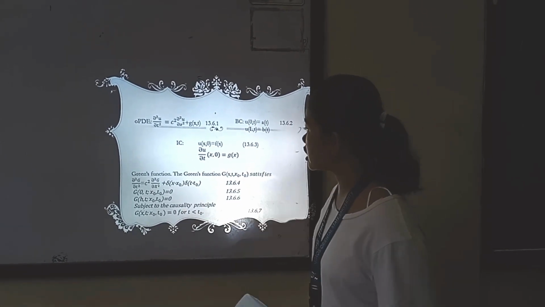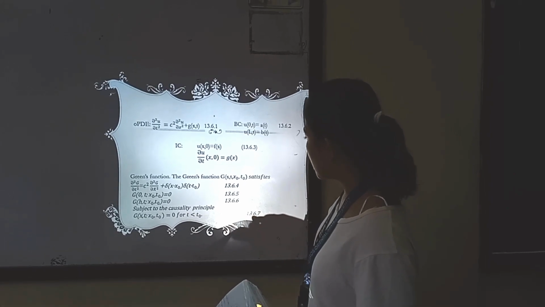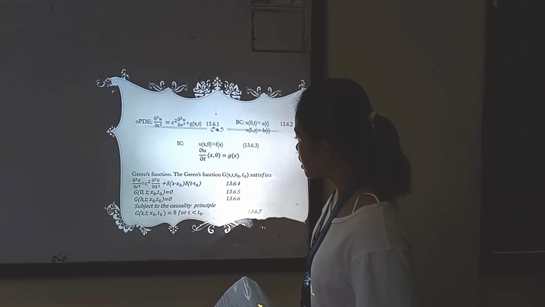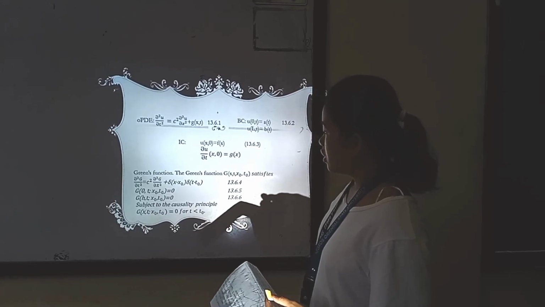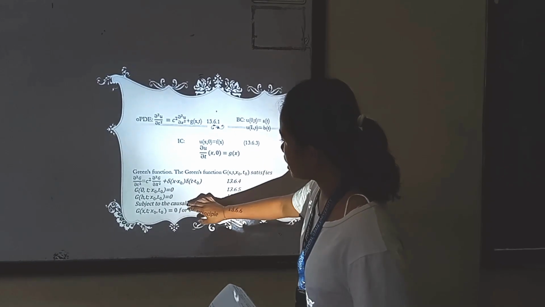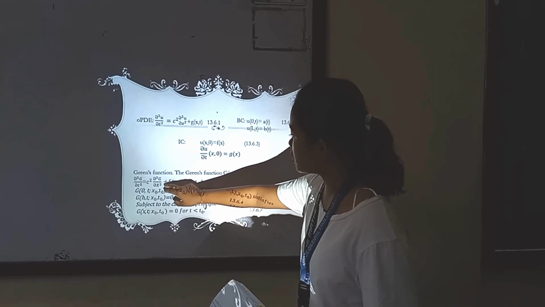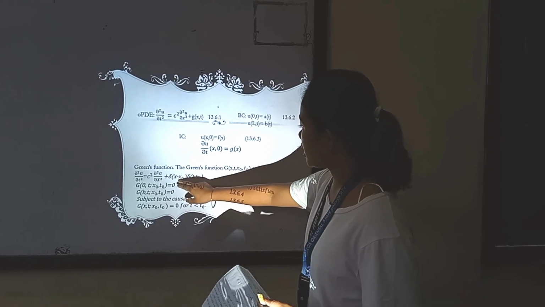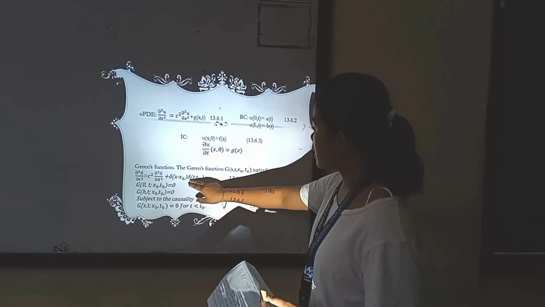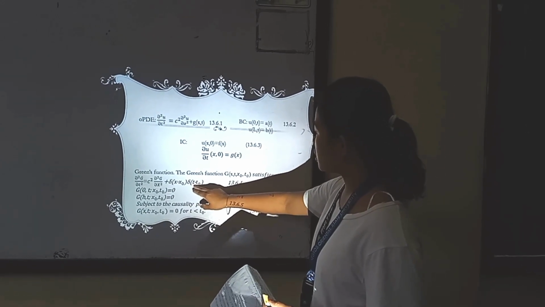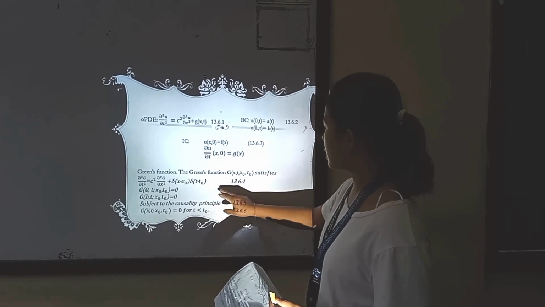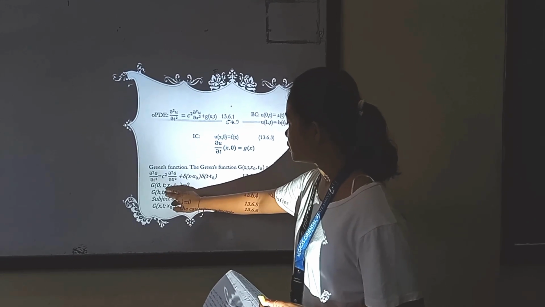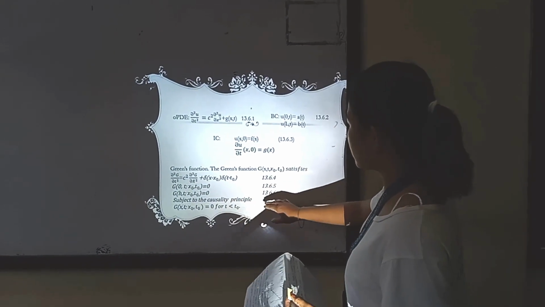13.6.3. So the Green's function, G of x, t; x naught, t naught satisfies the second derivative of G with respect to t squared equals c squared times the second derivative of G with respect to x squared plus delta of x minus x naught times delta of t minus t naught. This is 13.6.4.